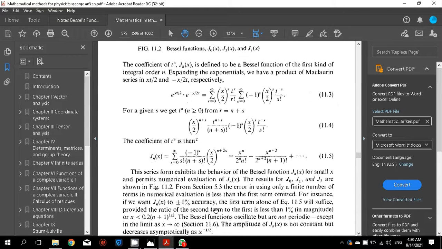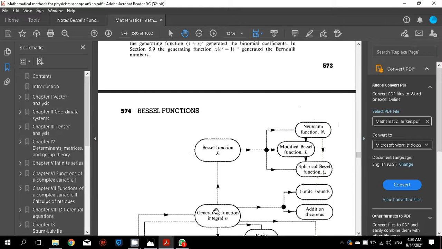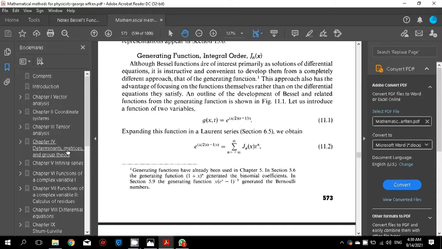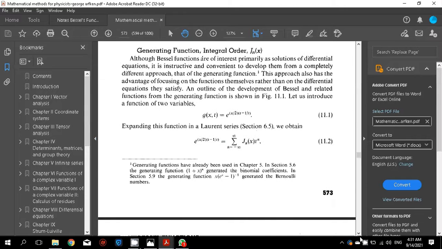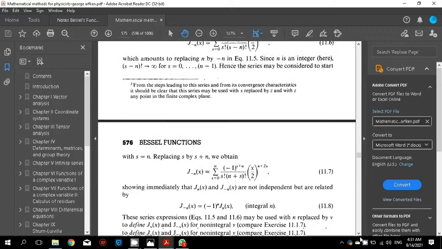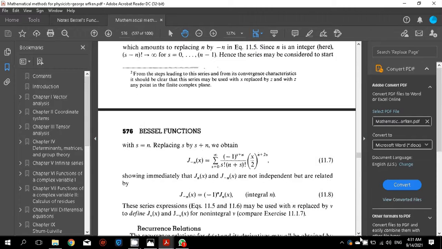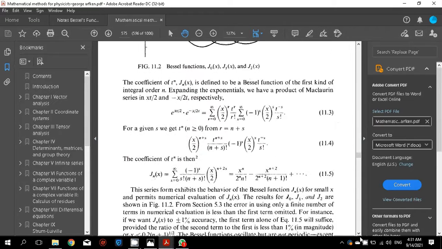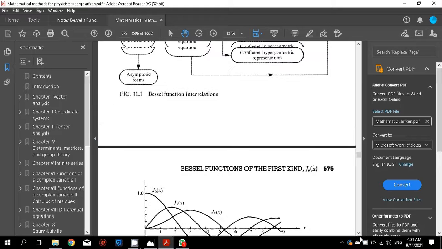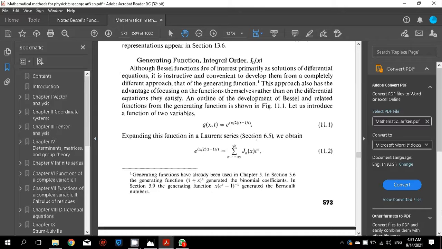This is in fact the generating function of the Bessel's function. This is equation 11.1 as shown here.